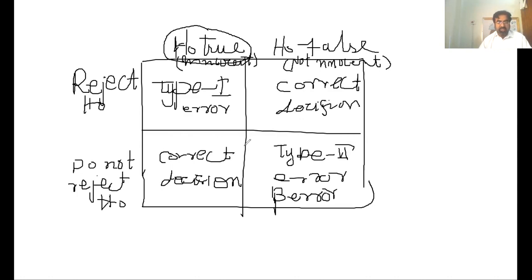And the researcher, on the basis of the data obtained from a sample, will not reject the null hypothesis. Thus he is committing a type 2 error. The null hypothesis was wrong, but you did not reject, so you committed a type 2 mistake, which is called the beta error.